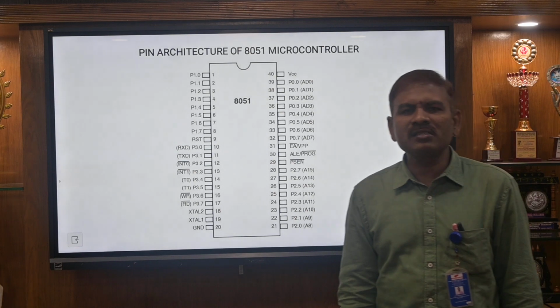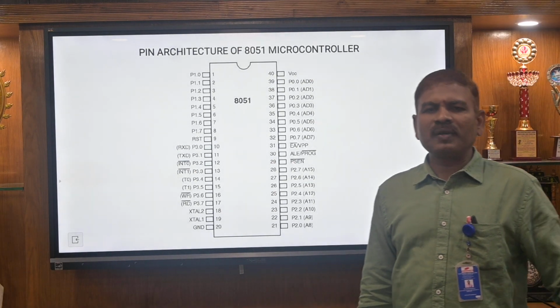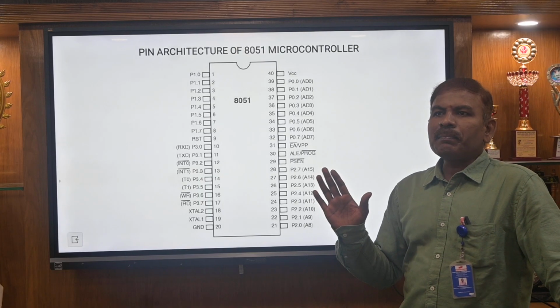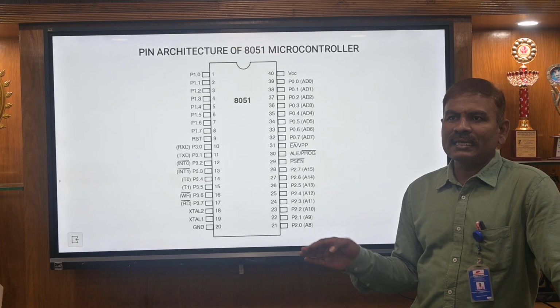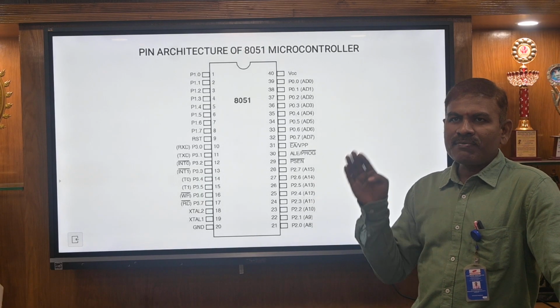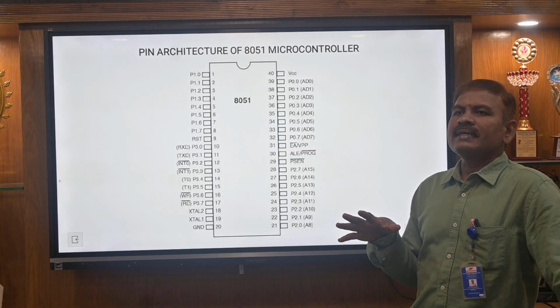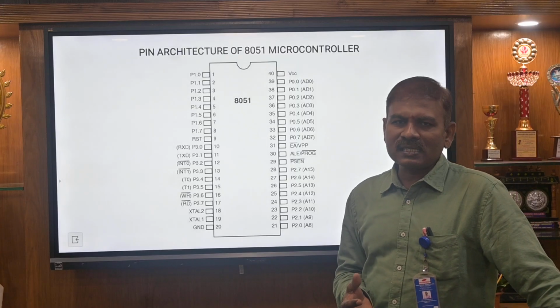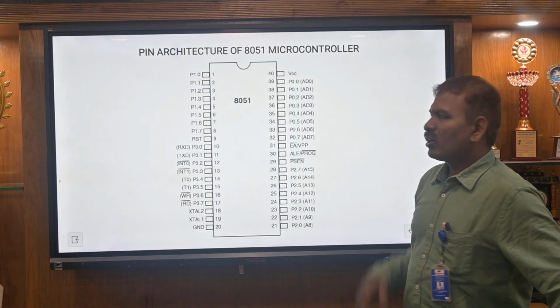Then next we are going to discuss the pin architecture of 8051. In the pin architecture, totally 40 pins are available, the same as the 8085. That is a microprocessor having the same 40 pins, but some differences are available in this pin architecture.